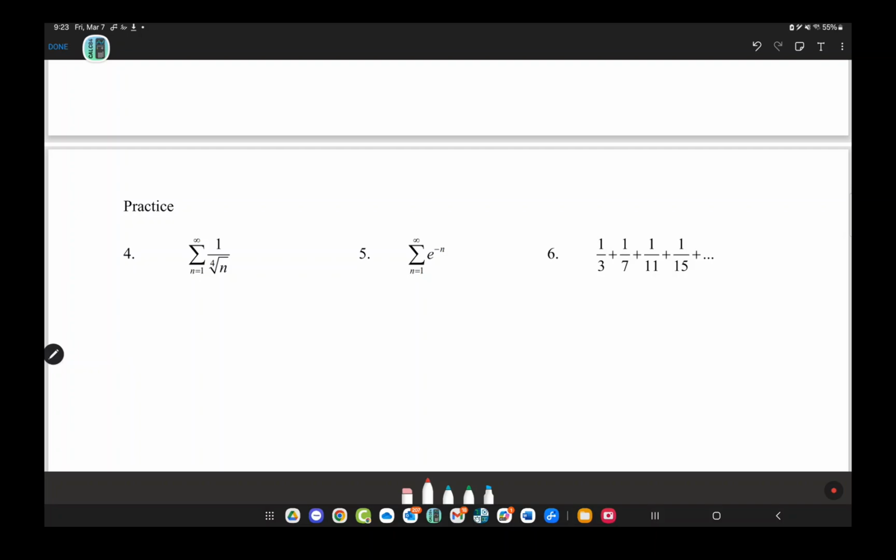First, we have to determine if it meets the criteria. Is this function continuous? Yes. Is it positive? Yes. Is it decreasing from 1 to infinity? We're looking specifically at the interval from 1 to infinity. So it is continuous on that interval, and it is positive on that interval.